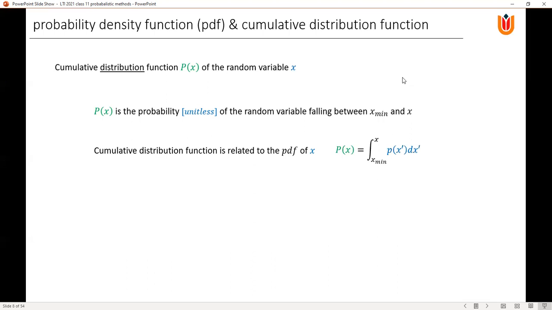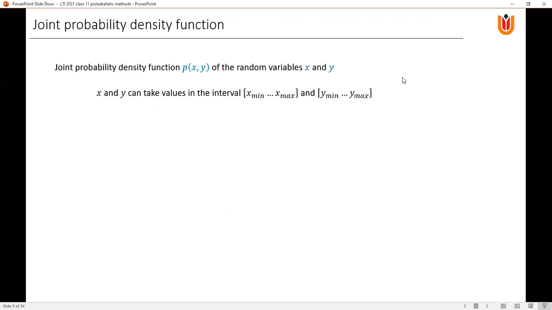Formally, you would calculate that by taking the PDF, the probability density function, and then integrating it from the lower limit up until the value that you want. There are alternative notations for this cumulative distribution function. I'm just showing you because in some of the book chapters that I will send you later on, this notation is used.